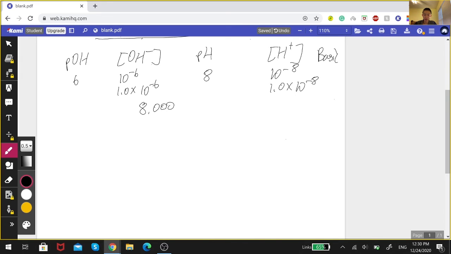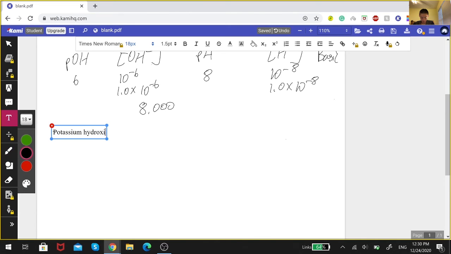So our question here states: potassium hydroxide has a concentration of 4.65 times 10 to the negative 7th molar. And remember, molar is concentration.